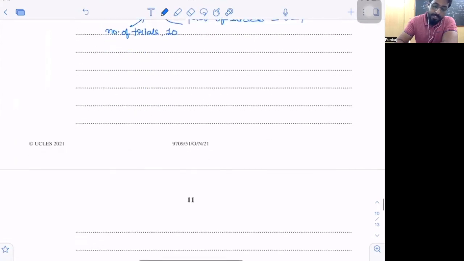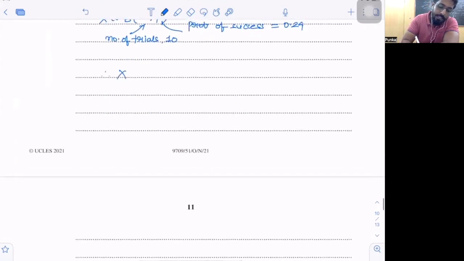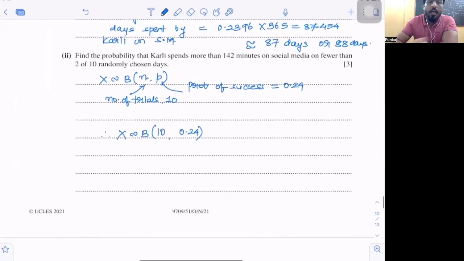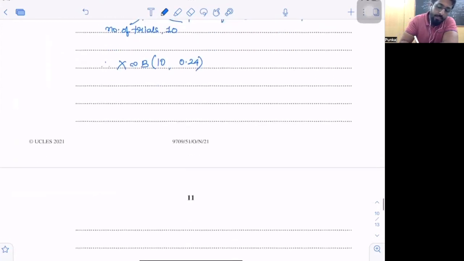So I should be writing now X follows binomial distribution where the number of trials is 10 and the probability of success is 0.24. Okay, and on how many times should I be successful? Fewer than 2. So I want to find the probability of X less than 2. So X is less than 2 means what?